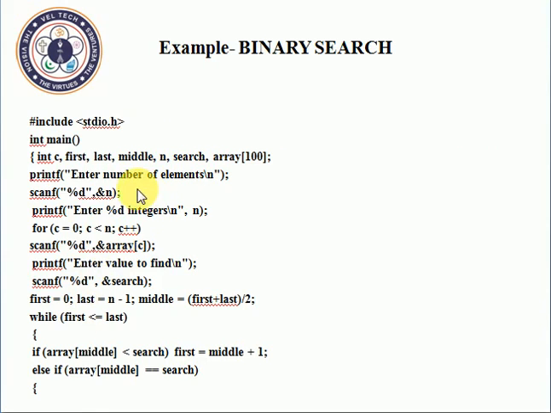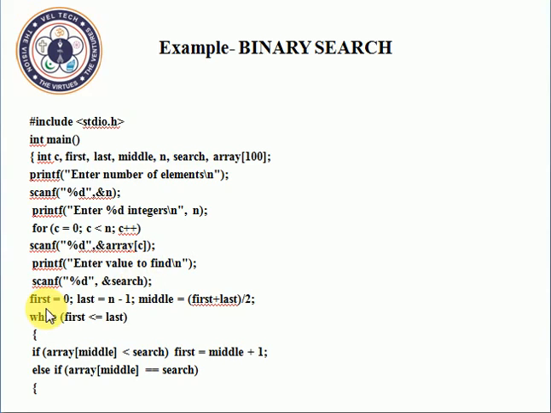From this example, I have already created my array, array of 100, and declared the variables search, middle, last, first, and c. Now I enter the number of elements, then enter my elements as integers, then search for an element by using a search key.